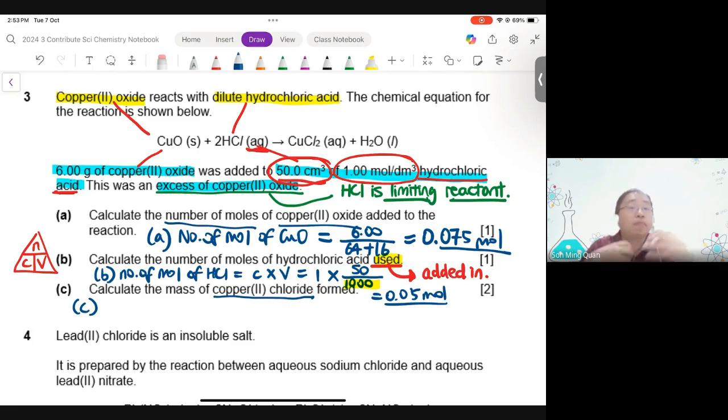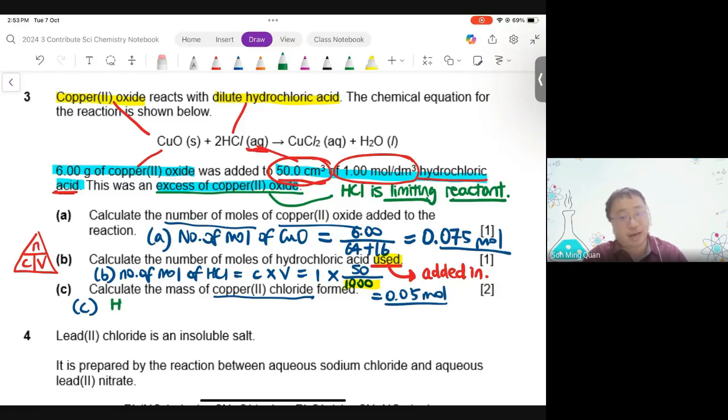So, now we need a mole ratio to find CuCl2. What ratio should you choose? Like I said at the start of the question, choose wisely. The mole ratio should include the limiting reactant. The limiting reactant is HCl because copper 2 oxide is excess.